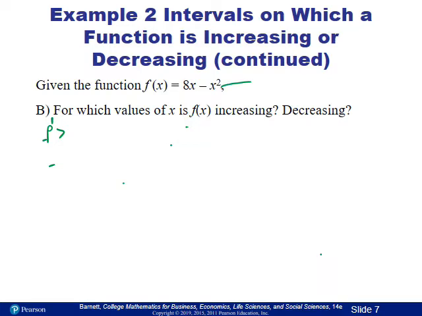If we put f dash greater than 0, it implies 8 minus 2x greater than 0, or 8 greater than 2x, or 4 greater than x, or x less than 4. So when x is less than 4, the function will increase, because we got x less than 4 from f dash greater than 0.